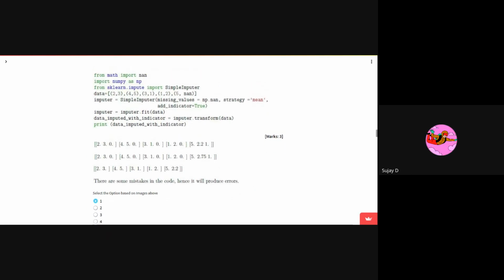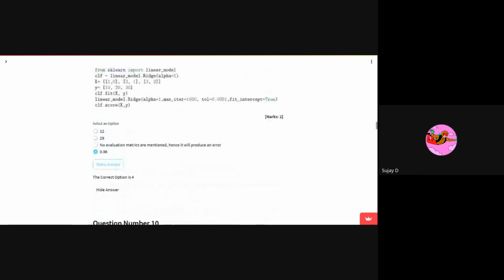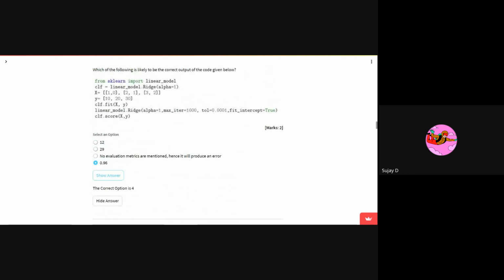Ma'am, for the above question, if you want to do calculations for R2 score, how to proceed, ma'am, with the given data X and Y? First of all, we cannot do it because we are taking ridge regression here, and alpha is like there are a lot of parameters here such as tolerance, max iter. Like max iter is going up to 1000, right? So we cannot calculate the y predict here manually.